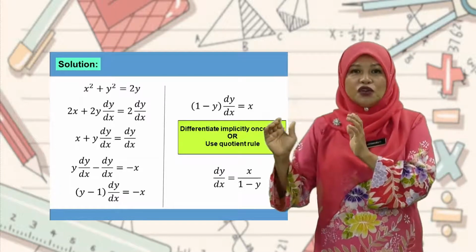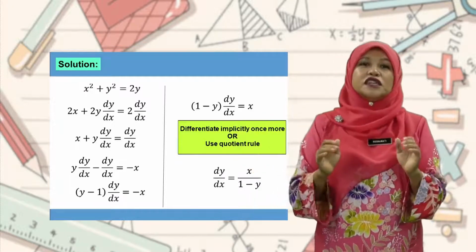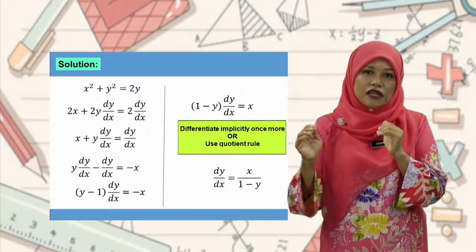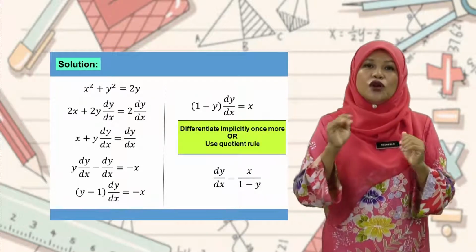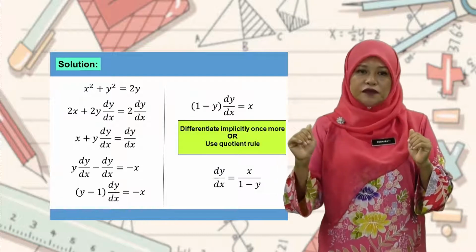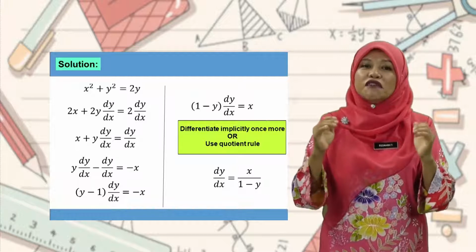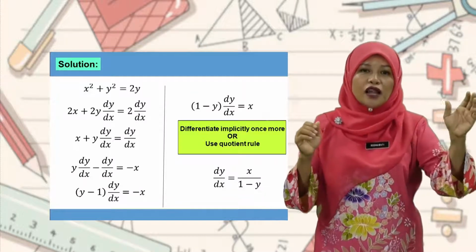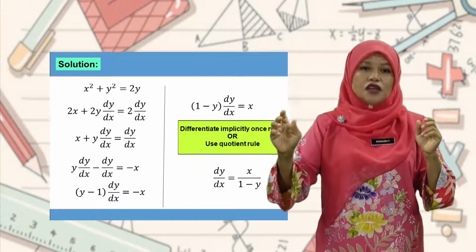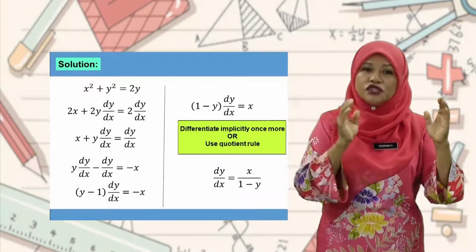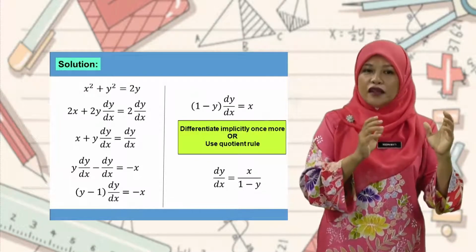And then we continue with the right side. Differentiation of 2y on the right side will be equal to 2 dy/dx. Okay, in this line, we can see that we have two places of dy/dx, one on the left and one on the right. So we gather these two at one side.